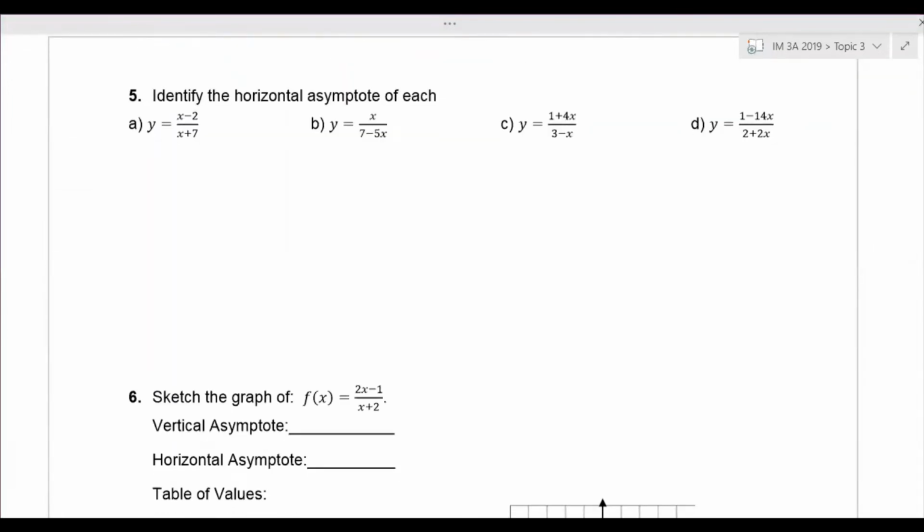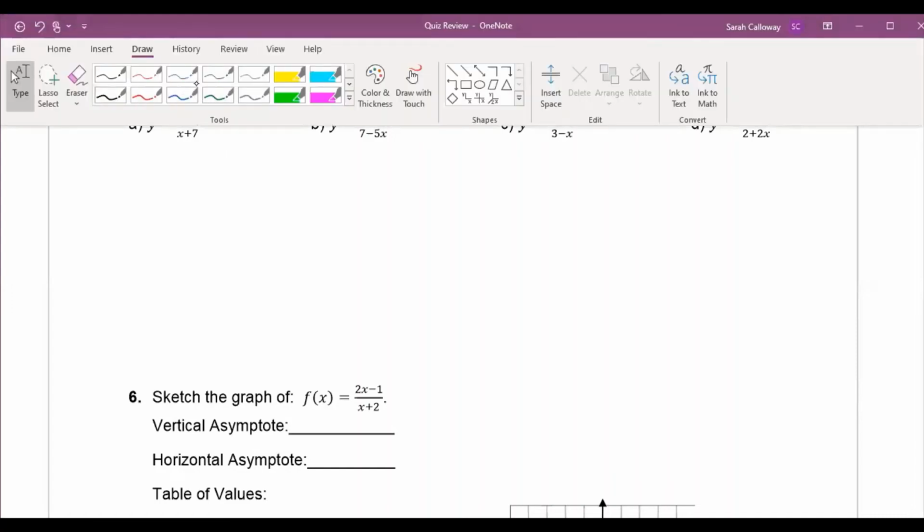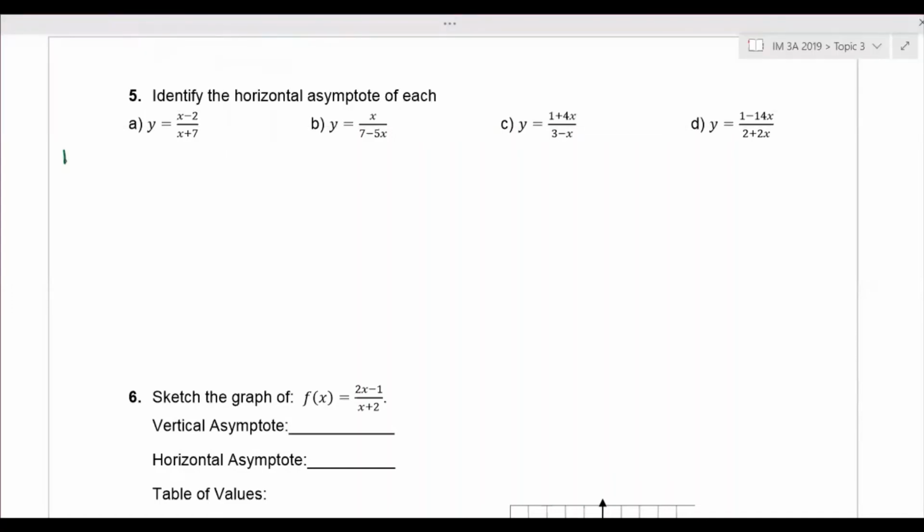Question 5, we're looking at just horizontal asymptotes. And so remember that we have essentially 3 different cases. So we have where the degree of the numerator is less than the degree of the denominator. In that case, the horizontal asymptote's at y equals 0.